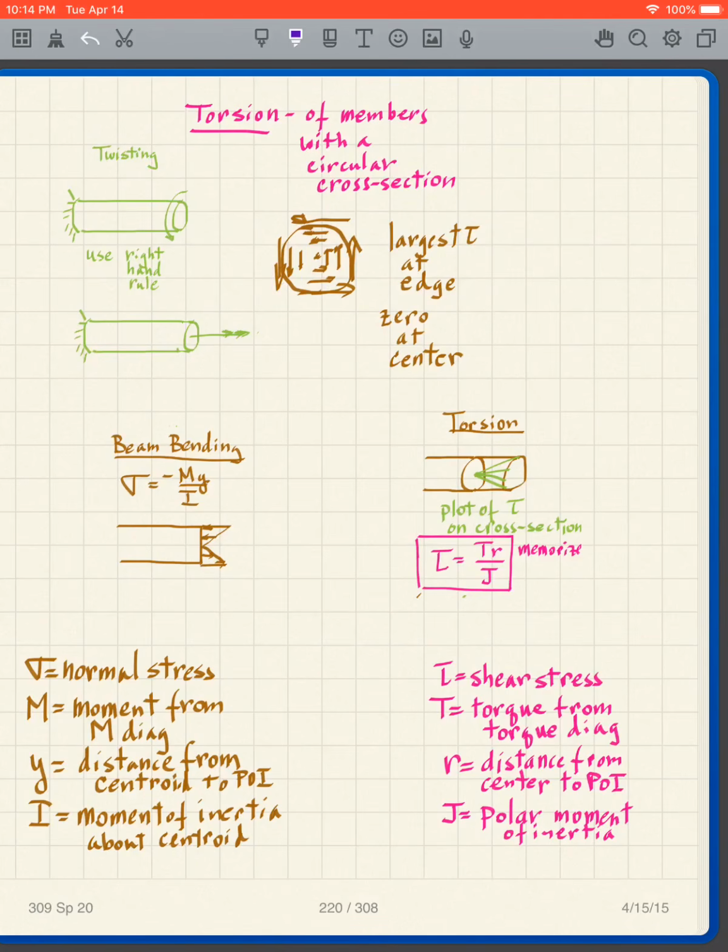It gets smaller and smaller. So I'm drawing shorter and shorter arrows as we get closer to the center, indicating that the shear stresses get smaller and smaller toward the center of the cylinder.